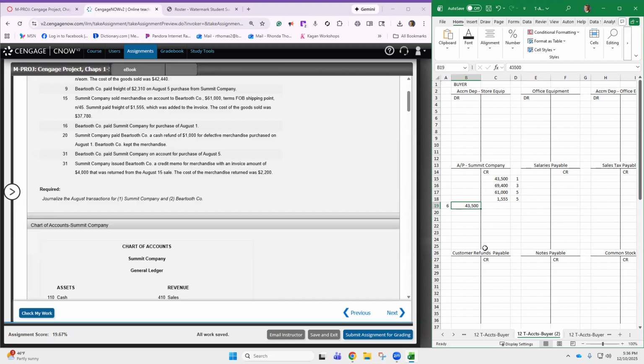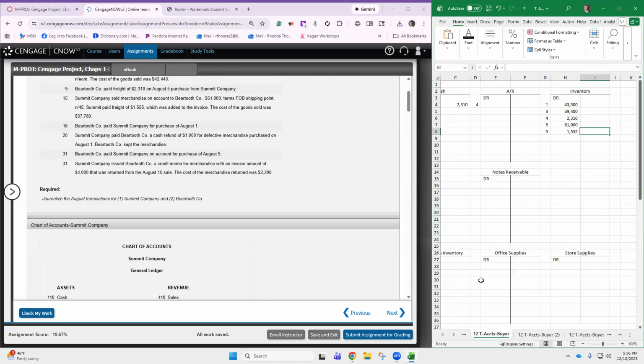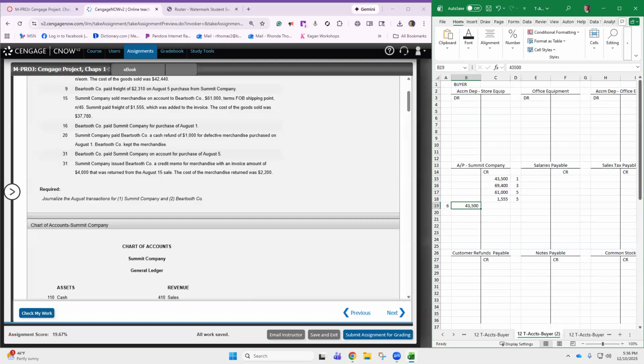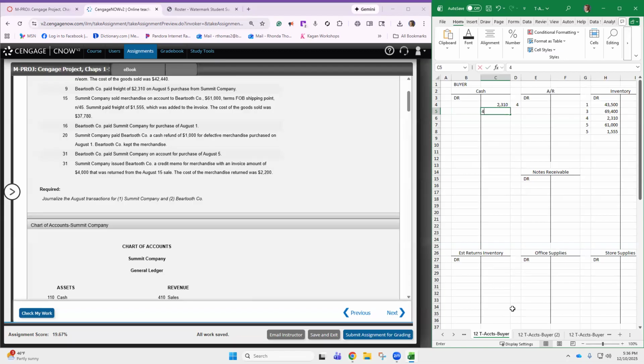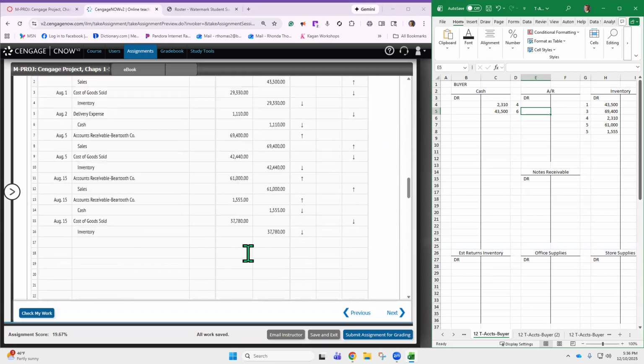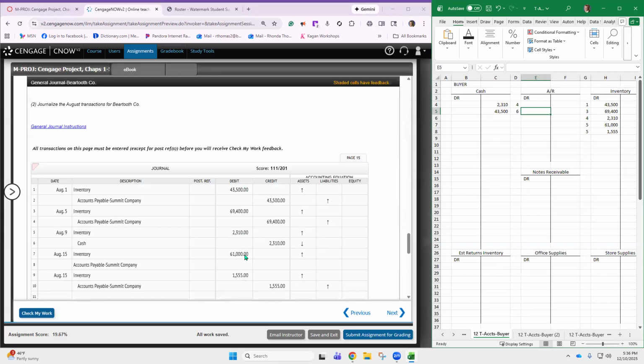So then back to cash, because we've got to pay that. So $43,500 down in cash from the buyer, right? So this is transaction 6. Now let's put that in the general journal, the buyer's general journal.